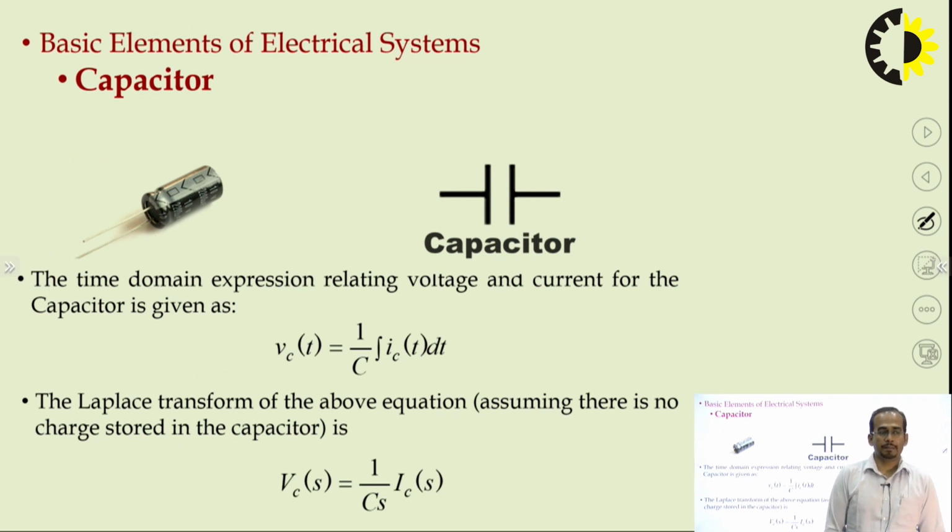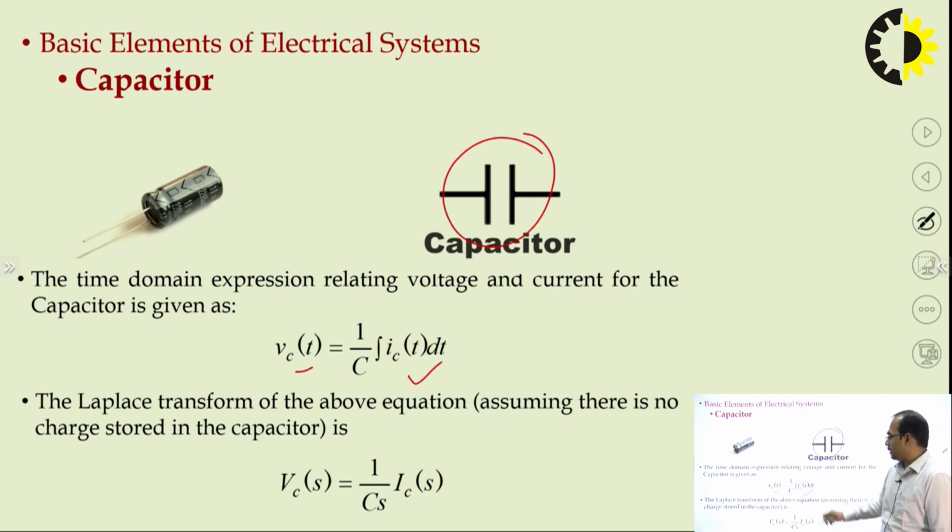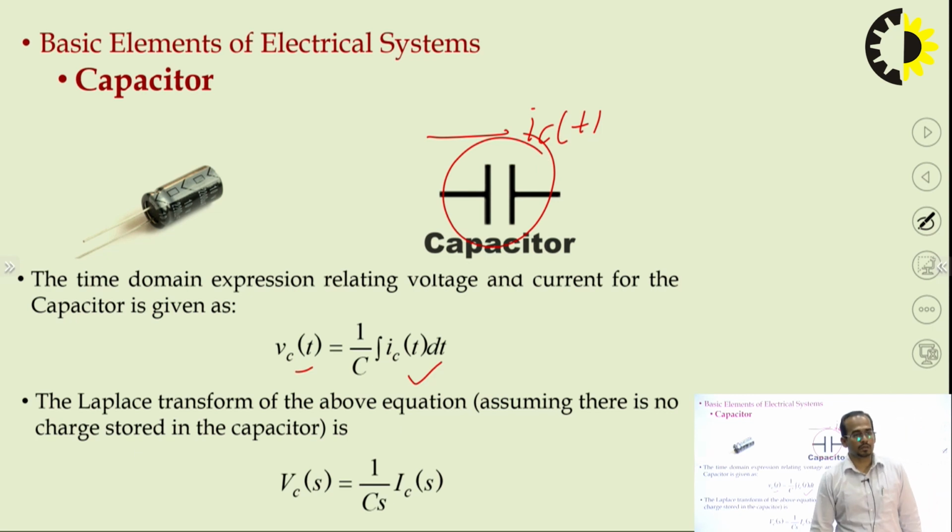Capacitor. A capacitor is a charge storing device, and the voltage across a capacitor can be found using this formula. If the current flowing through it is i_C(t), then the voltage across this capacitor will be v_C(t) = 1/C integration of i_C(t) dt.